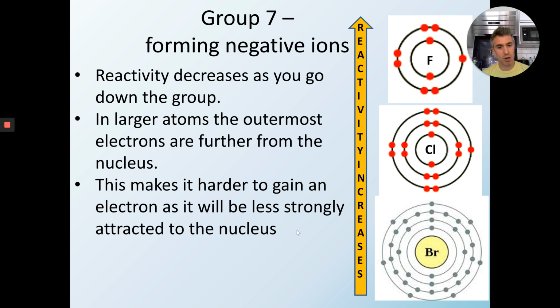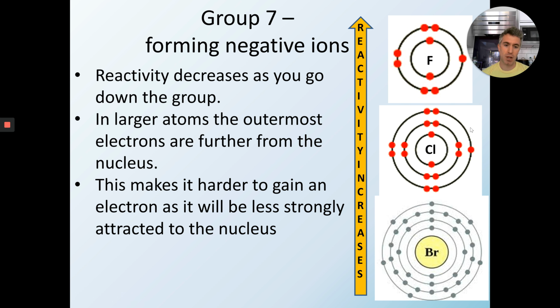Which one's more attractive? Well, let's look at this fluorine. This fluorine is smaller, so that positively charged nucleus can reach its positivity out further and is more likely to pull that electron in. Chlorine is bigger, so that positivity spreads out, so it's less effective. The strength is not so strong. I'm sorry about that.